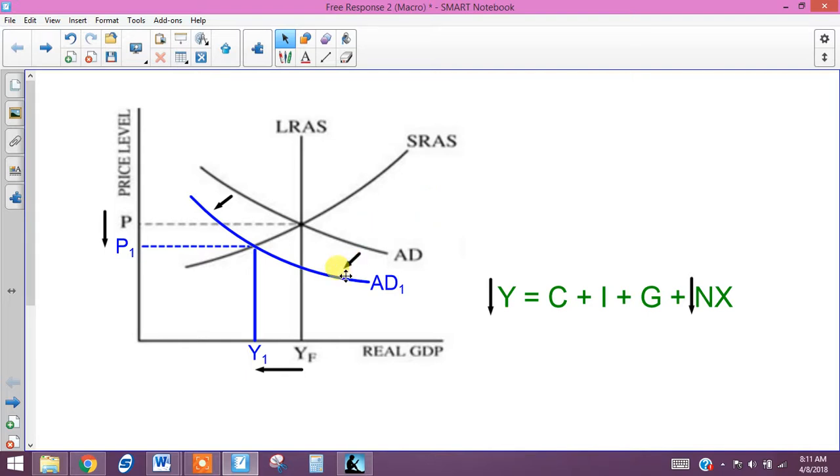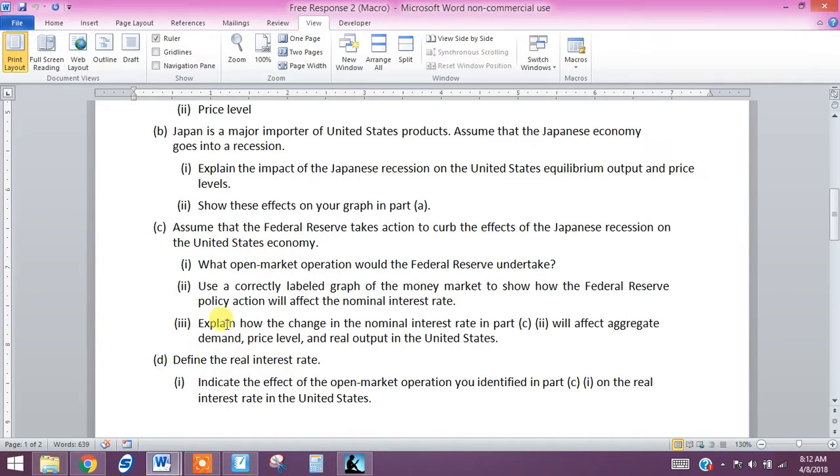We're hopefully going to shift our aggregate demand curve back to the right, to move us closer or back up to potential or full employment, and that's going to make our price level go back up and our output also go back up. So that's what you want to explain in part C3.